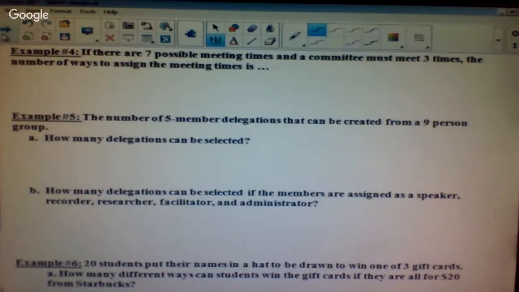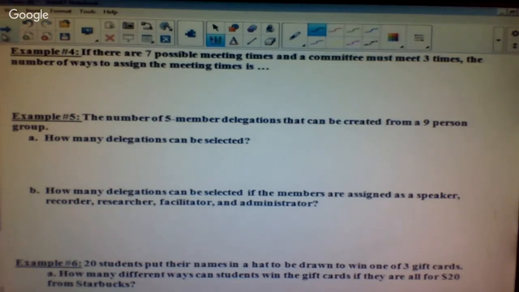7 possible meeting times, and a committee must meet 3 times. The number of ways to assign the meeting times is multiplication, combination, permutation. Because there are 7 possible meeting times and it must meet 3 times, you have 7 choose 3, a combination.